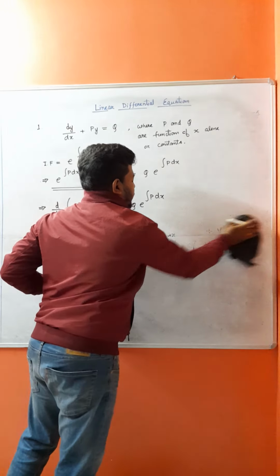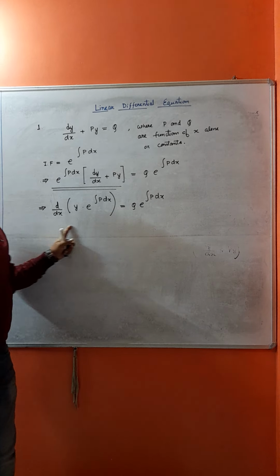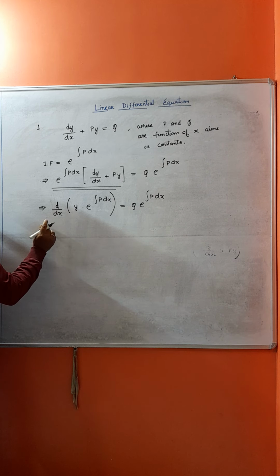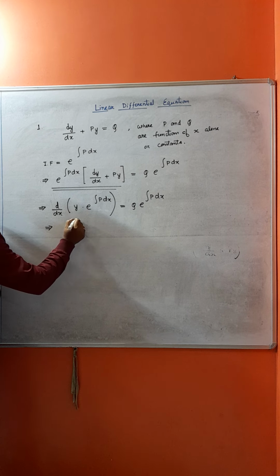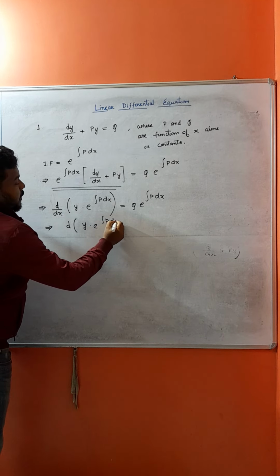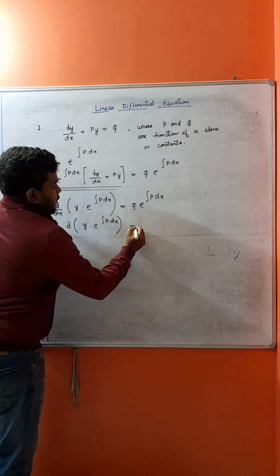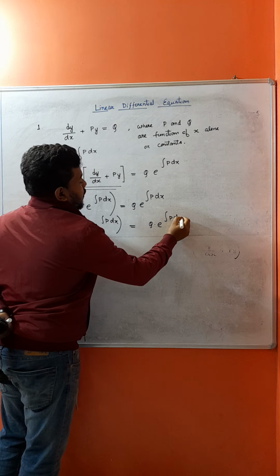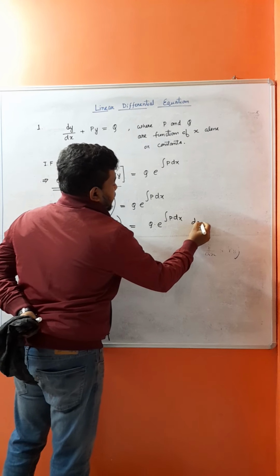So we get this. Now, after integrating both sides, we can further write d of y into e to the power integration of p is equal to q into e to the power integration of p dx into dx.